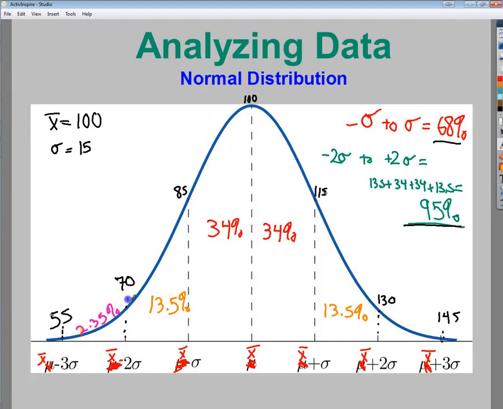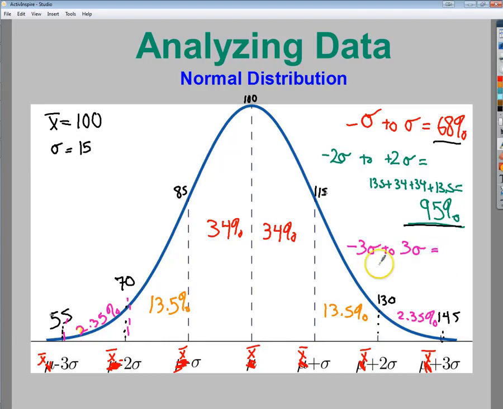That's just between here and here. So 2.35% here as well.